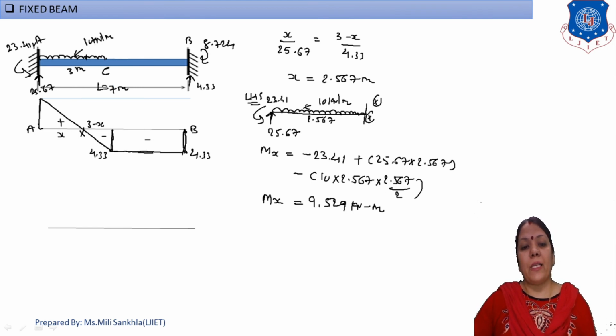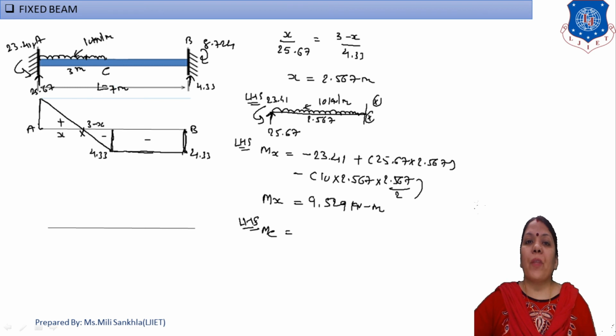Now we find the moment at C. Next, write down the moment at C. Here I write the steps directly. Moment at C, that means at this point, this distance is 2, and again I find this value from the left hand side.